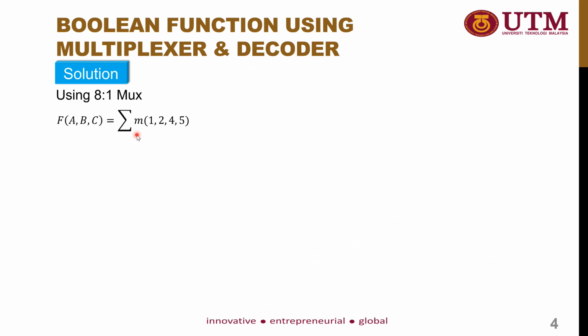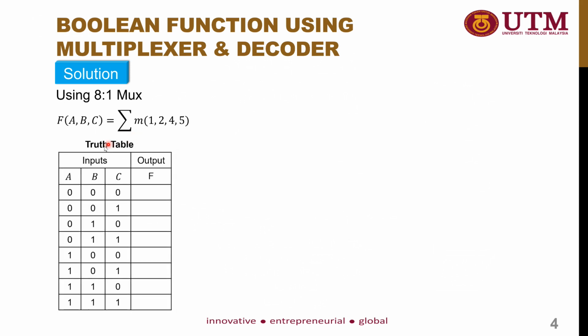So the first thing we need to do is draw the truth table. This is the truth table for this function of A, B, and C. For the truth table, we have inputs and output, and all possibilities of the input. This minterm notation represents a value of 1 at row number 1, row number 2, row number 4, and row number 5 of the truth table.